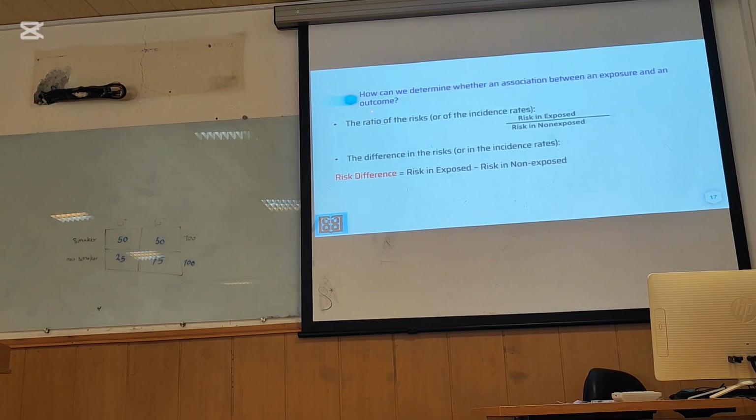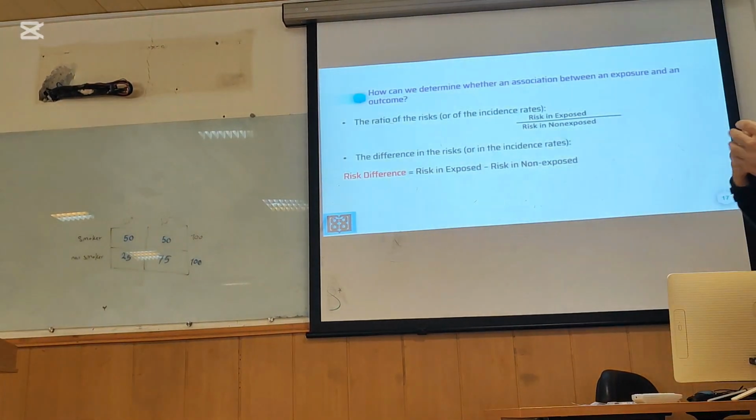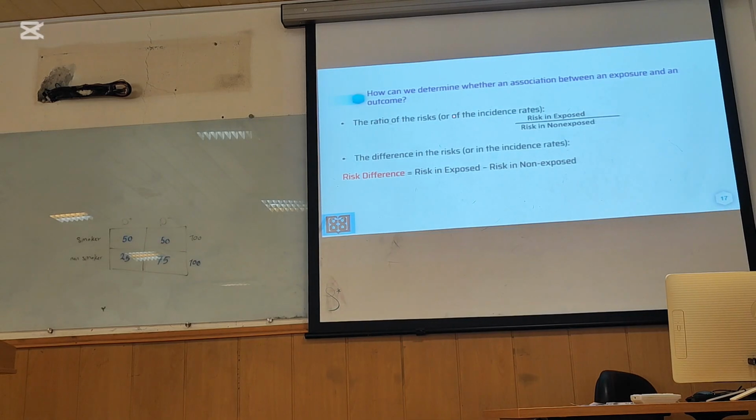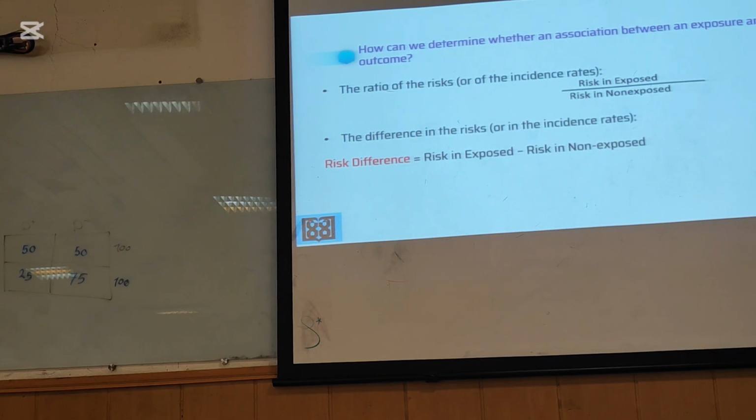The first is the ratio approach. It means we compare two measures by ratio. For example, you can divide the risk in exposed by the risk in non-exposed.